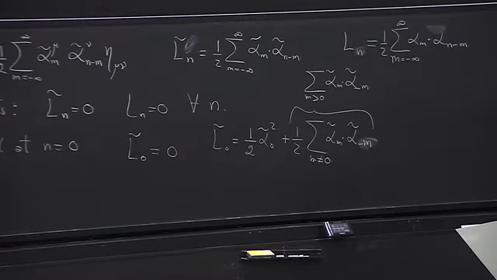Yes? So if you're saying that every Ln is 0 and every Ln tilde is 0, does this mean that the expansion of the del plus X, for example, is always 0? No, this is a square, right?